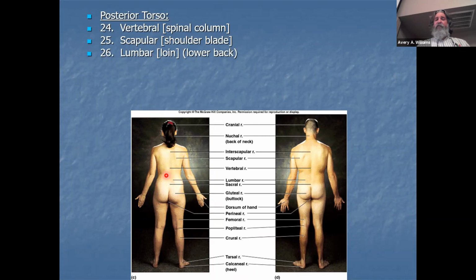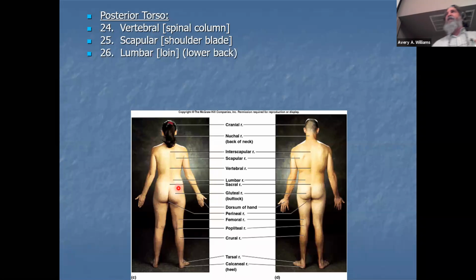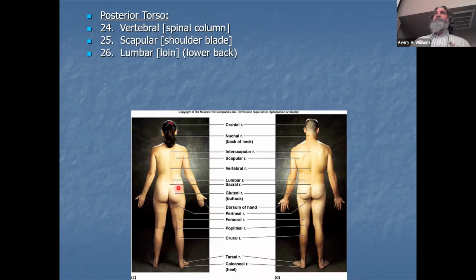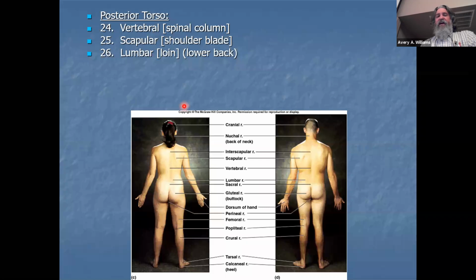Lumbar, you have lumbar vertebrae. Your lumbar region would be the entire lower back. Okay, it's kind of like the posterior portion of the abdominal region. So it'd be all of this. It's basically boneless, minus, you got vertebrae right here. Lumbar means loin, you know, like a tenderloin.